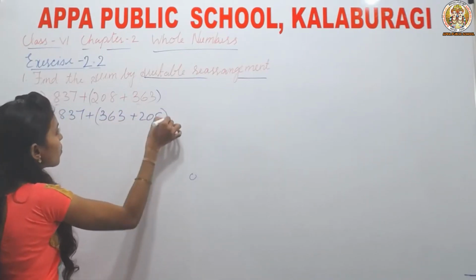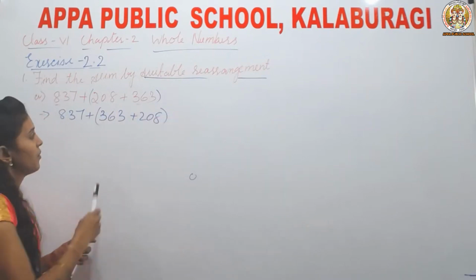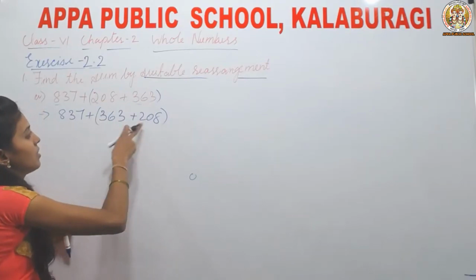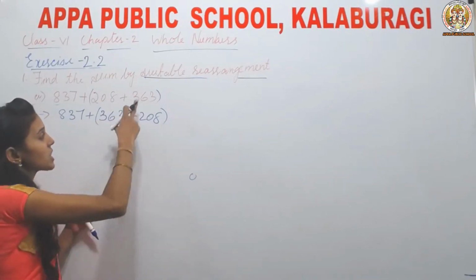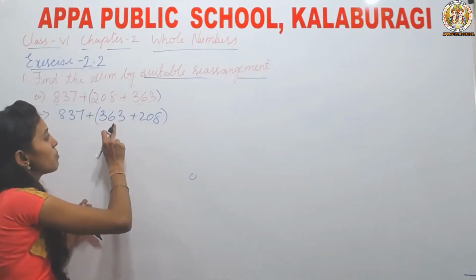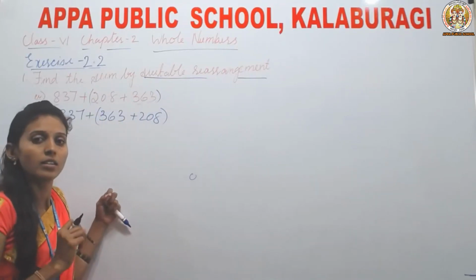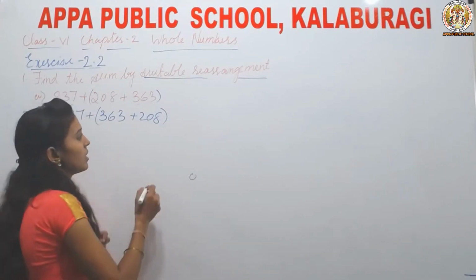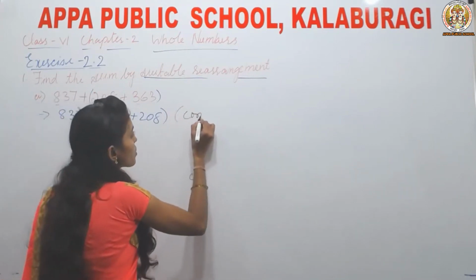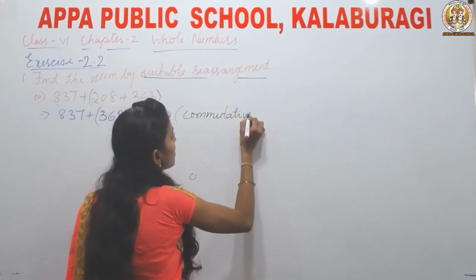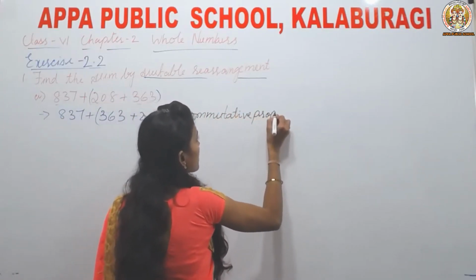Can you say using what property we have exchanged these numbers? We did nothing here. We just exchanged the number. A plus B equals B plus A. Can you say using which property we have written this one? This is using the commutative property. Okay, commutative property.